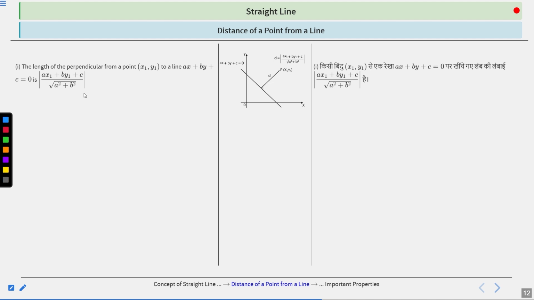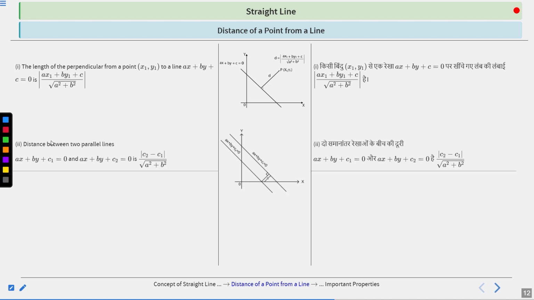Therefore, the distance of the point P from the line can also be said as the length of perpendicular from the point P(x1, y1) to the line ax plus by plus c equal to 0. Clear? Therefore, the length of perpendicular will be the absolute value of ax1 plus by1 plus c upon root over a square plus b square. Got it?